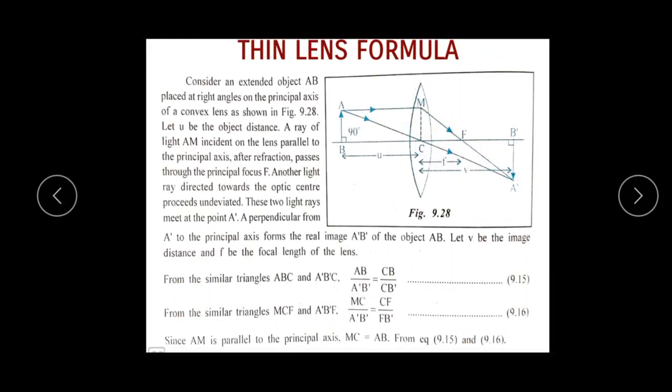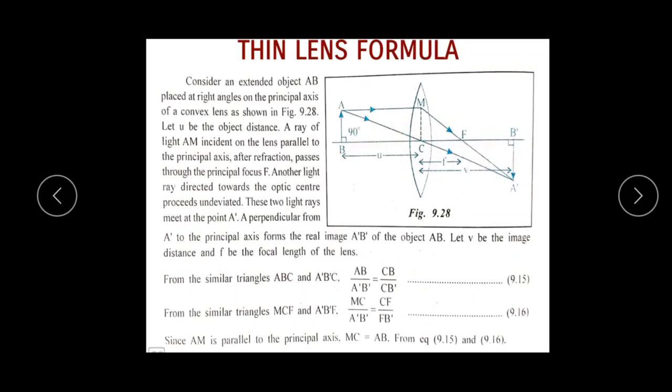And another ray of light passes through the optical center. One parallel ray AM and another ray AC, these two rays merge at a single point. This point here is the image. A dash B dash is the image formed, which is perpendicular to the principal axis.